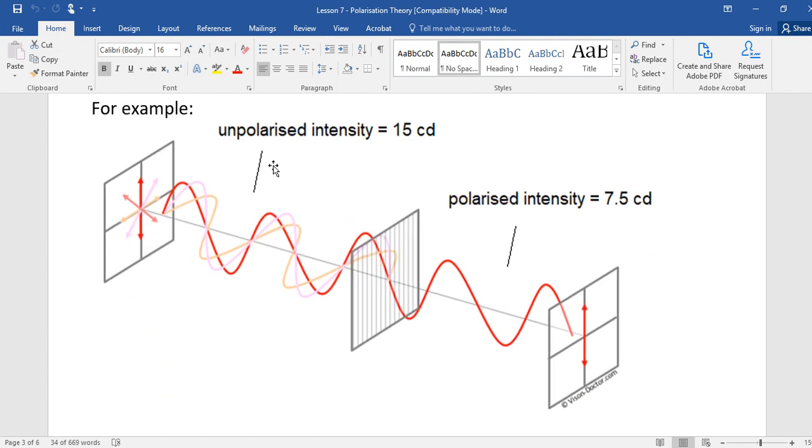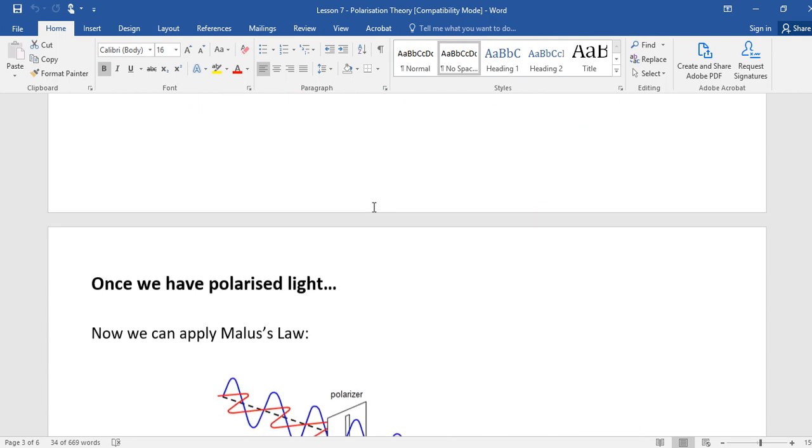So for example here, if I've got an unpolarized intensity of 15 CD, that's a unit, and there's a question at the end of this that gets you to work out or to look up what that is. So I won't say what it is, but 15 CD coming in, then the polarized intensity of it is going to be half that, 7.5 CD.